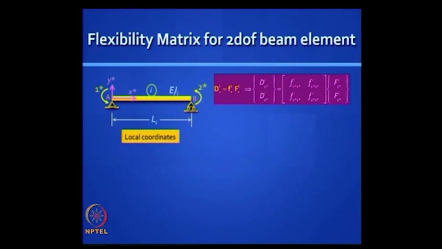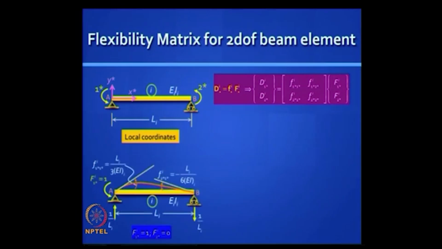The flexibility matrix for a prismatic beam element is something that you can easily derive from first principles. We have already done that, but to refresh your memory, you have 2 degrees of freedom. You have a simply supported beam. You apply one unit force at a time, F1 star equal to 1.